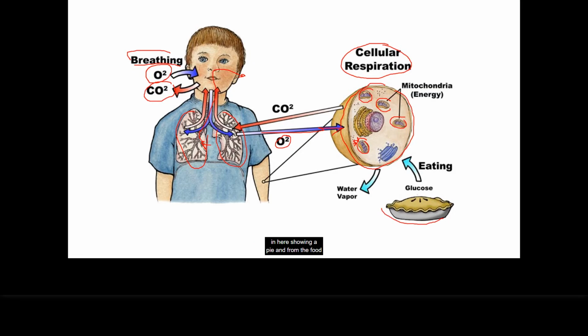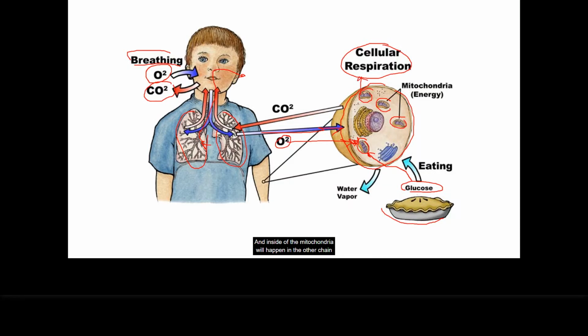The food will be broken down in the digestive system and glucose will be produced. Glucose will be distributed with blood to the different cells of the body, and in the end it will also penetrate to the mitochondria. So both oxygen and glucose move to the mitochondria.